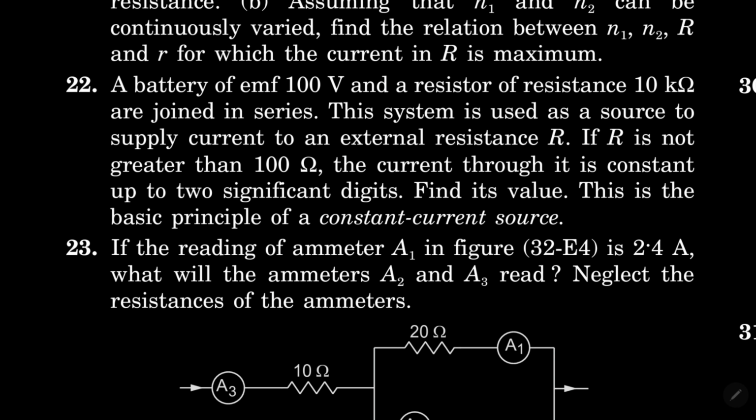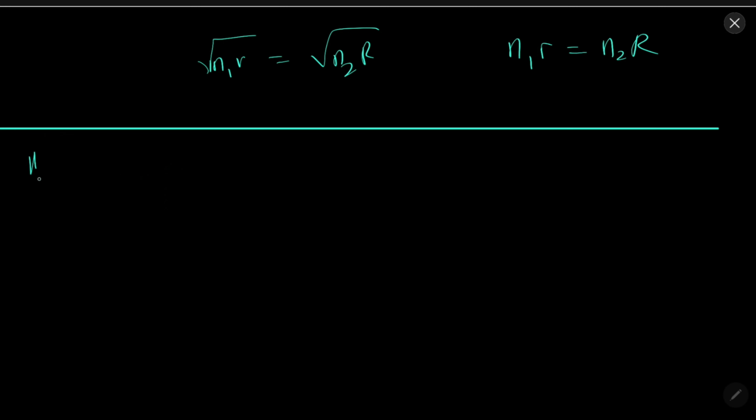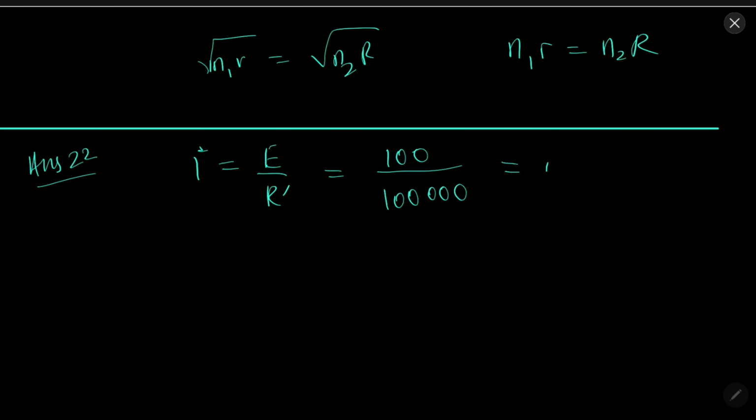In question 22, we need to find the value of the current. Solution 22. So E by R dash, 100 by 0.001 ampere.